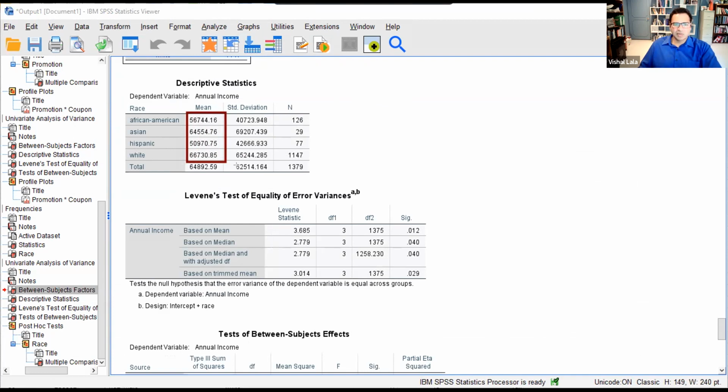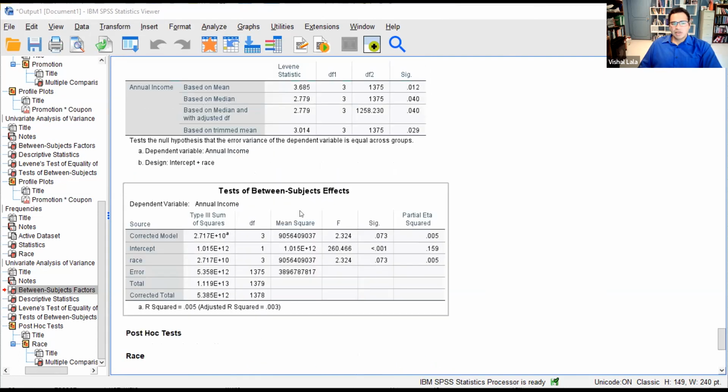Our Levene's test here was significant. We would hope it wasn't significant, but for this class, we're going to ignore that undesirable result.